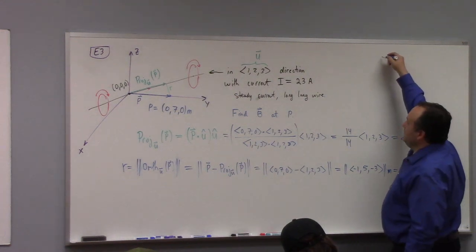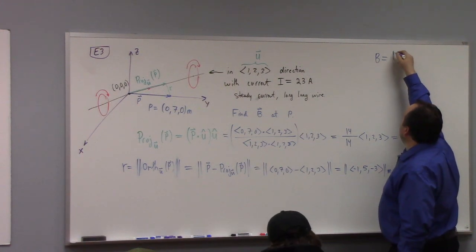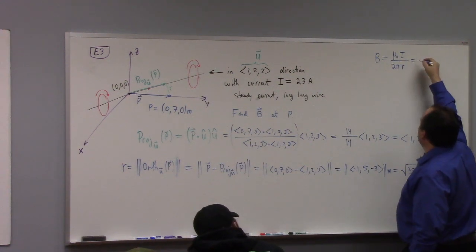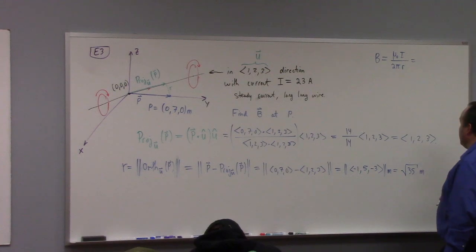So the magnitude of B, we got it. Mu naught I over 2 pi r, which is apparently, well, I don't want to write the numbers down. I just want to calculate them.